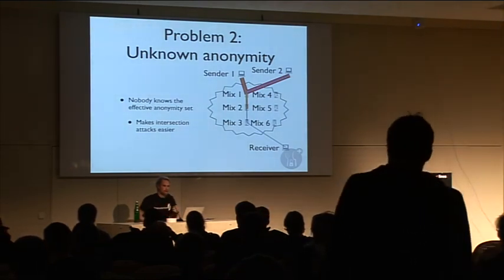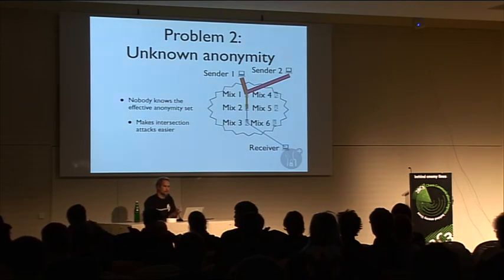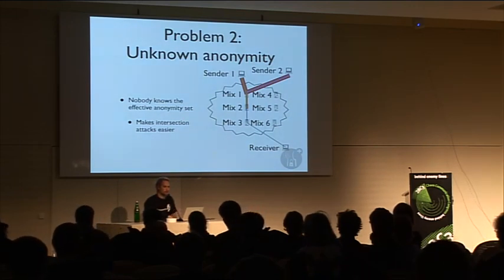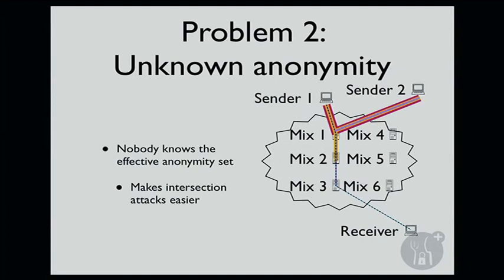But I think if you want to keep your anonymity in good quality, you have to know your anonymity set. So you also have to know which other users are using the anonymization technology. Because if you don't know the exact anonymity set, intersection attacks can be very easy.